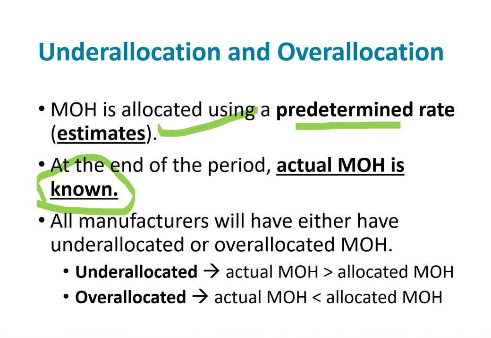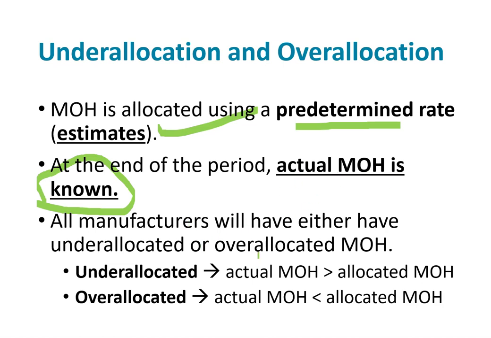While you're allocating it to the different jobs during the period, you don't know the actual amount. It comes in periodically, like a utility bill or depreciation or all of the different indirect production costs. But at the end of the period, you will know what the actual is.